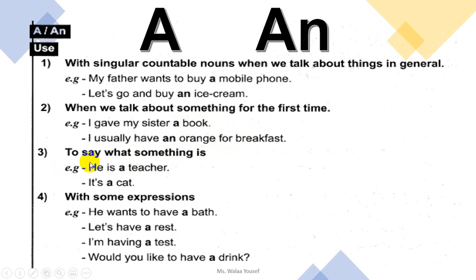The third thing, to say what something is, after verb to be. He is a teacher. It is a cat. He is a man, and so on. Number four, with some expressions. Have a bath, have a rest, have a test, have a drink, and so on.